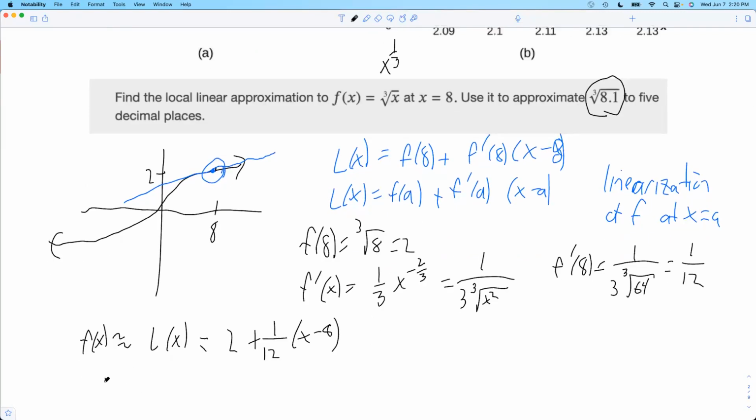So f at 8.1 is approximately equal to 2 plus 1/12 times 8.1 minus 8. What is that? 2 plus 0.1 over 12. Now, I'm going to get a calculator out to do this.